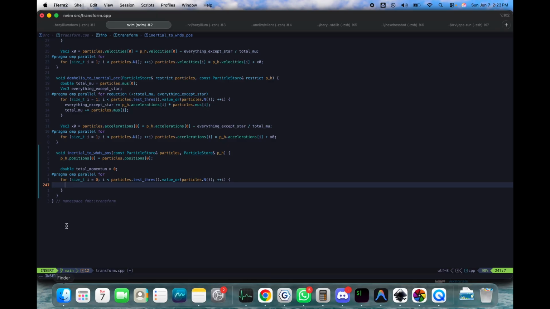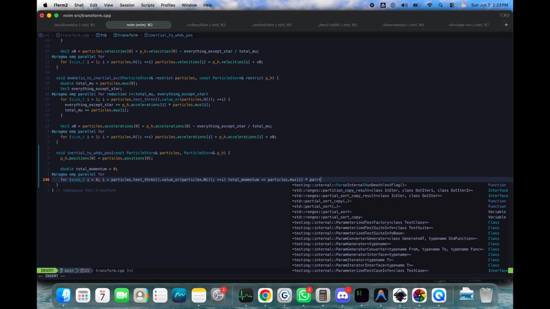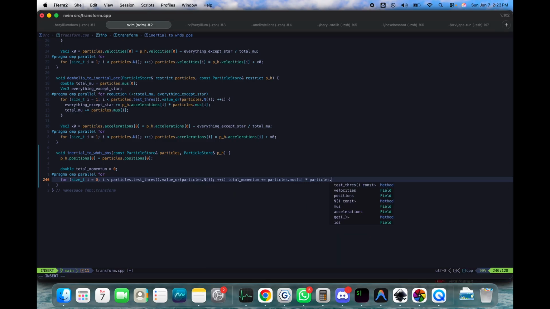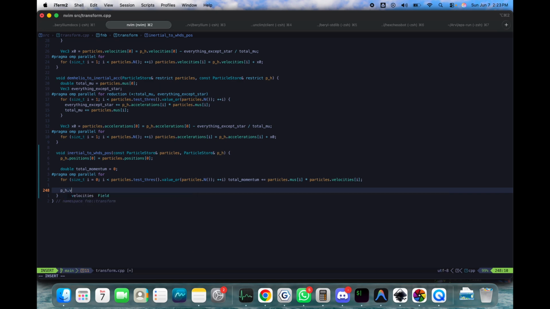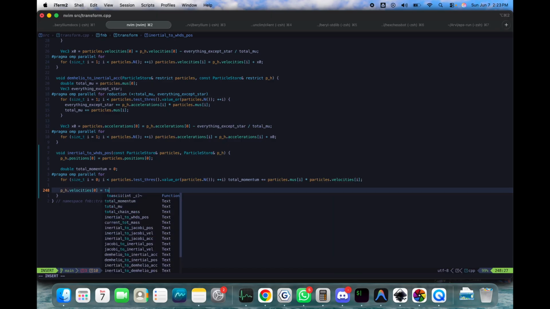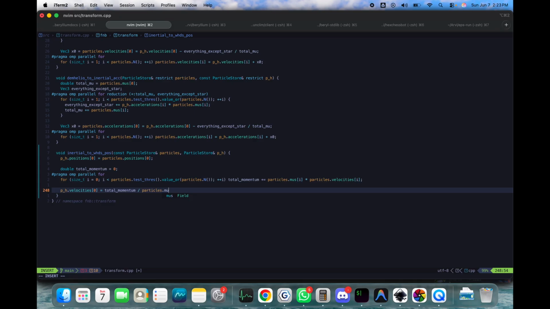Now total momentum plus equals particles dot mus index i times particles dot velocities index i, and then pH dot velocities index 0 should equal total momentum divided by particles dot mus index 0.